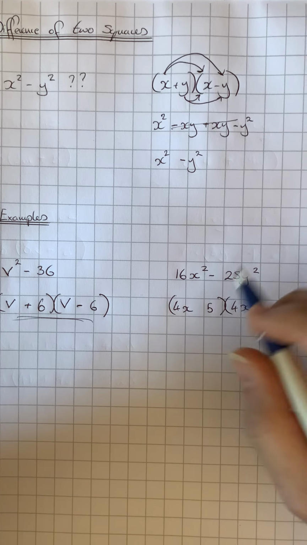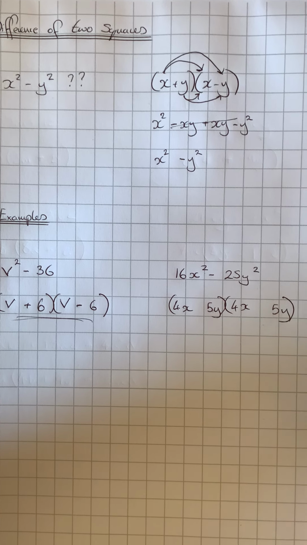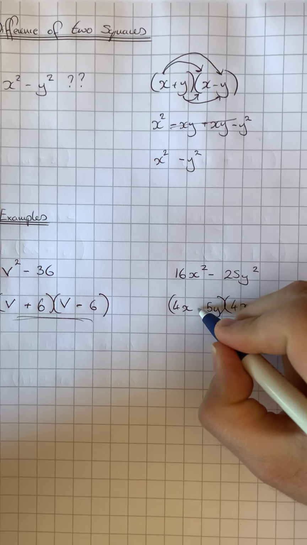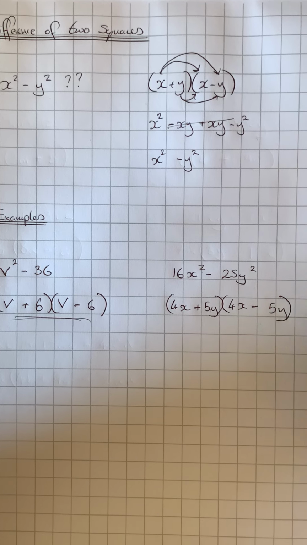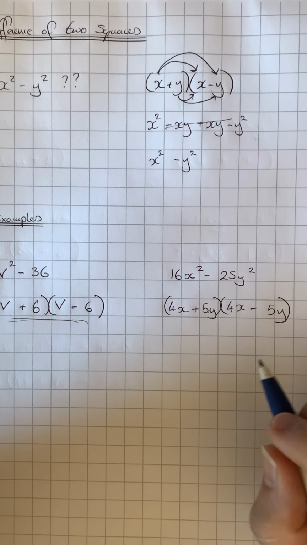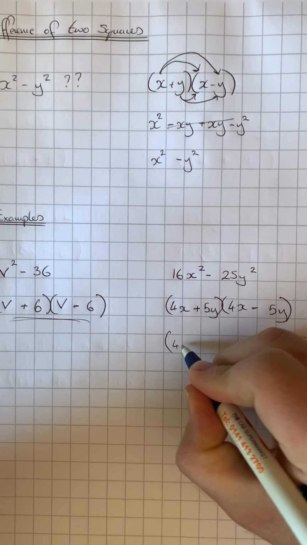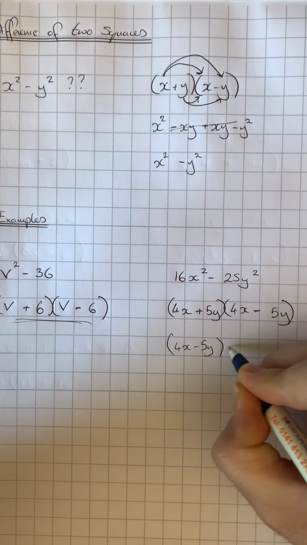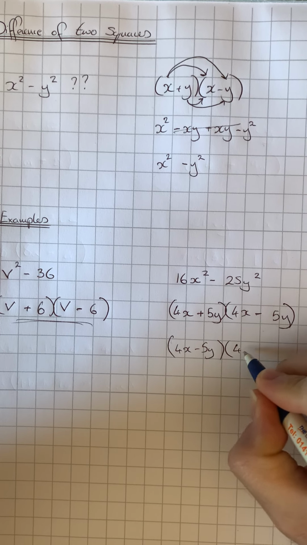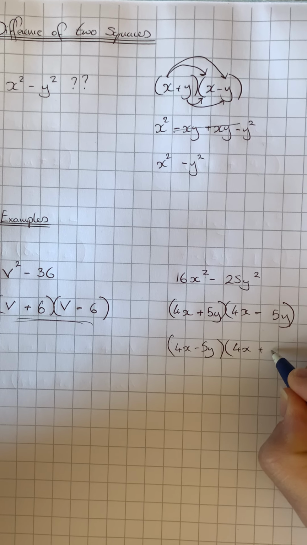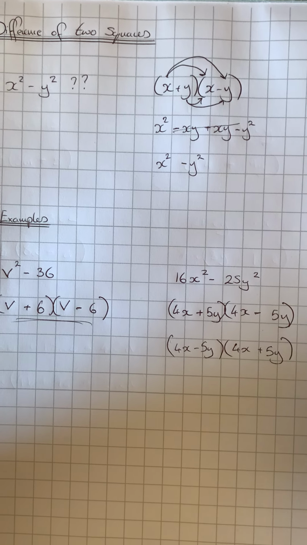And the square root of y squared is y. And since it's a difference of two squares, one's going to be a plus, one's going to be a minus. And it really doesn't matter which way you have them. So both ways can be acceptable because it's still one times the other.